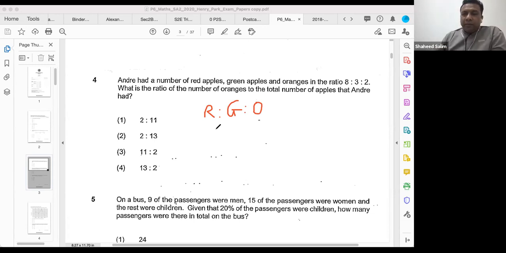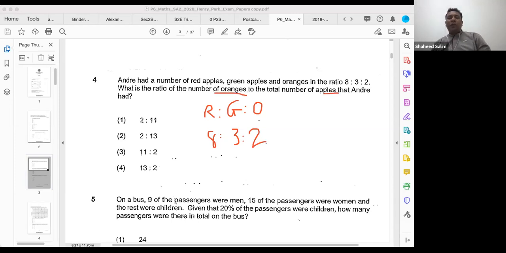So they say 8:3:2. What's the number of oranges to apples? You know what to do. Oranges to apples. Apples means red and green together.